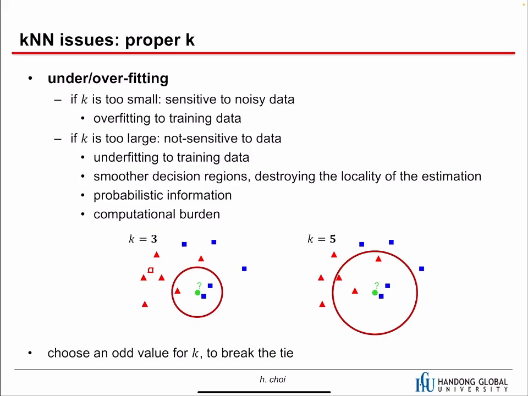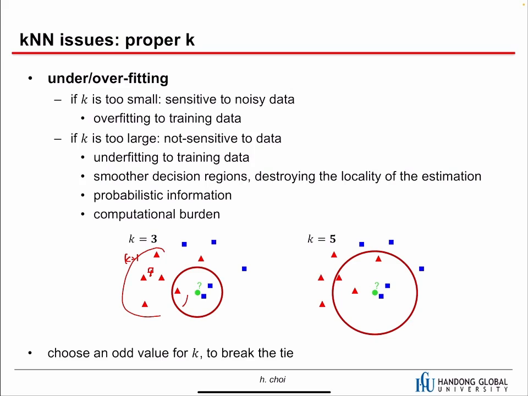Then when we have a new sample here, if k is 1, then it belongs to this blue class, even though this sample is in the middle of the red class, right? So if k is too small, it depends on the outliers. The training samples are noisy, so it will overfit to the training samples. If the training samples are slightly different, then the classification would be different.